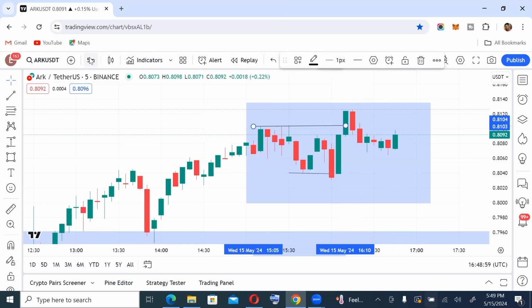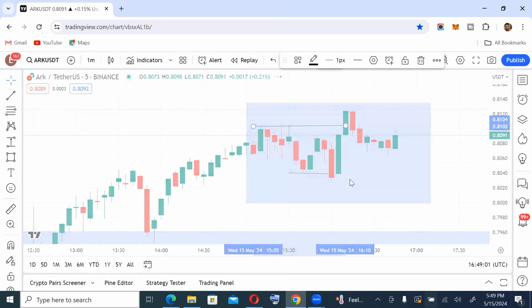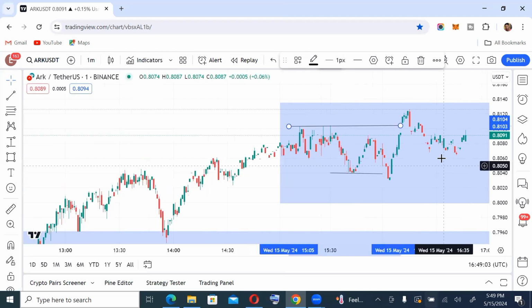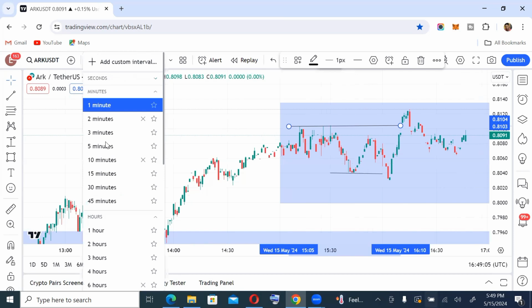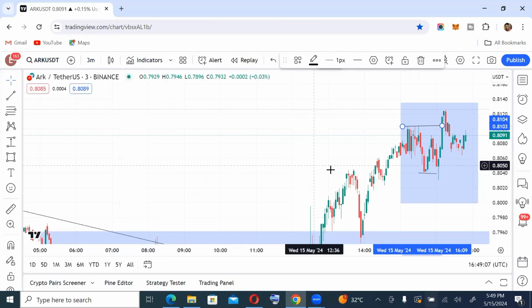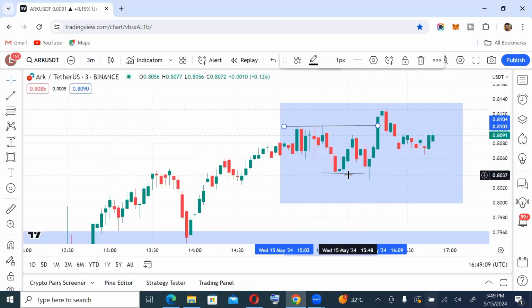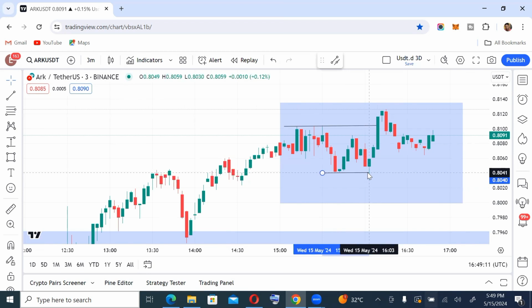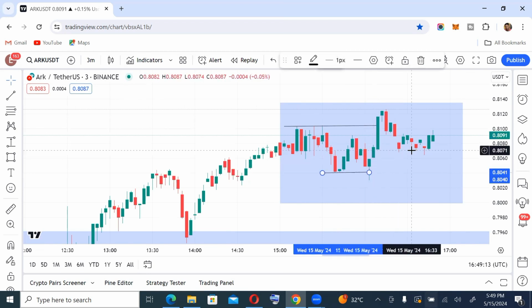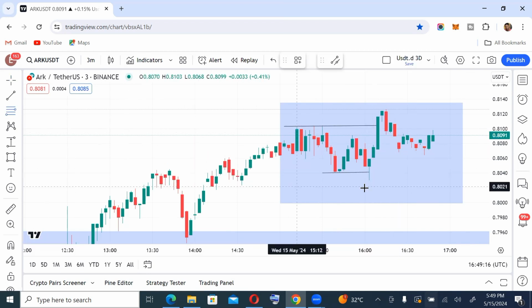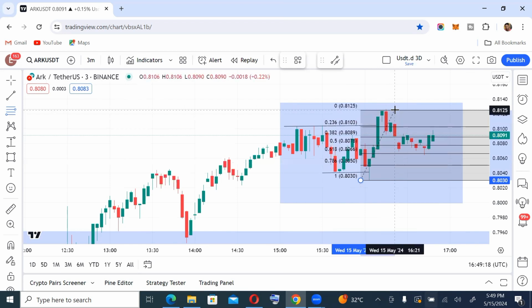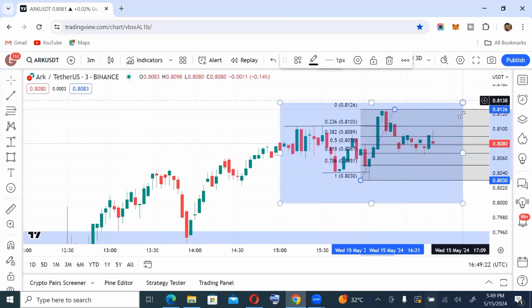Let's go to 1 minute now. You see the same thing. Oh, that's too tiny. Let's leave it at 3 minutes. You see it? Swept from the low, broke structure, came back to retest the order block at 0.618, and then price is willing to move from here.